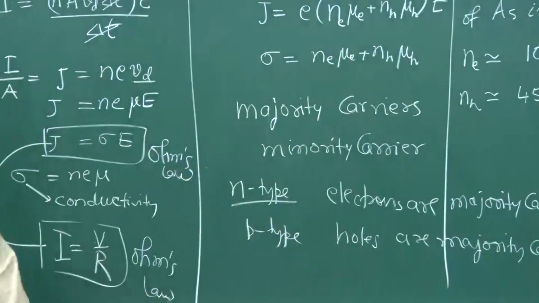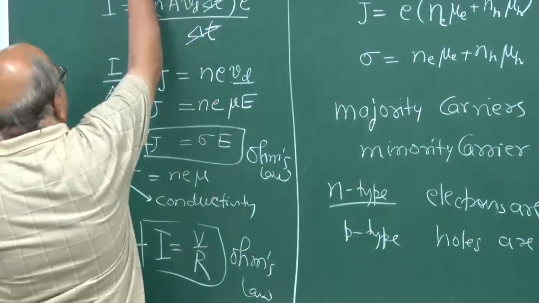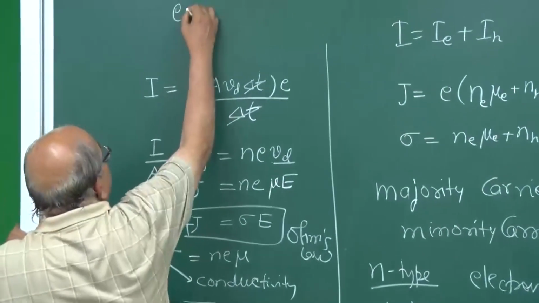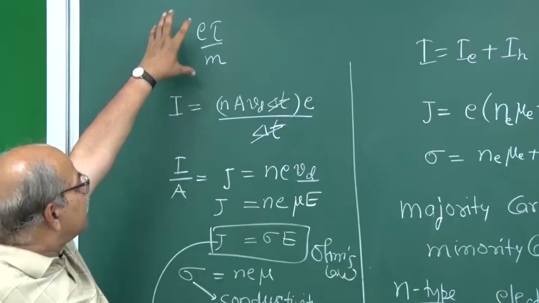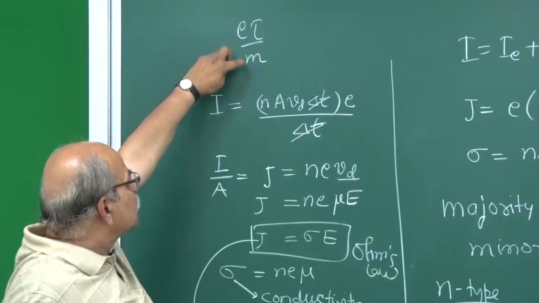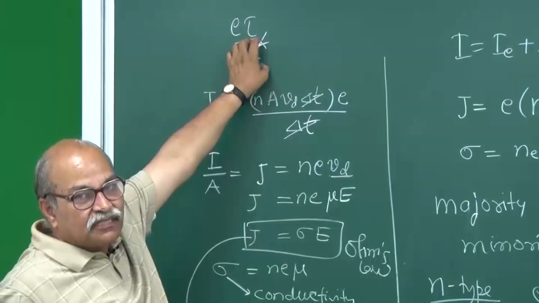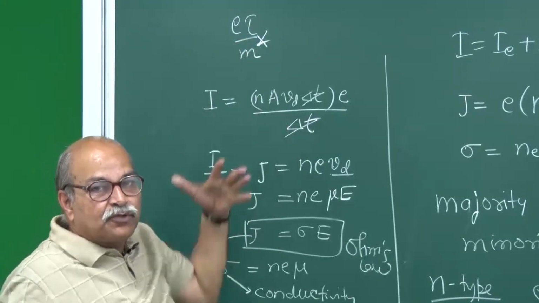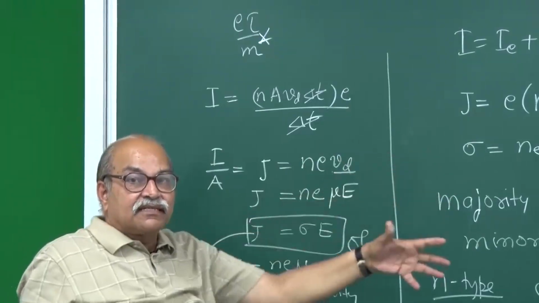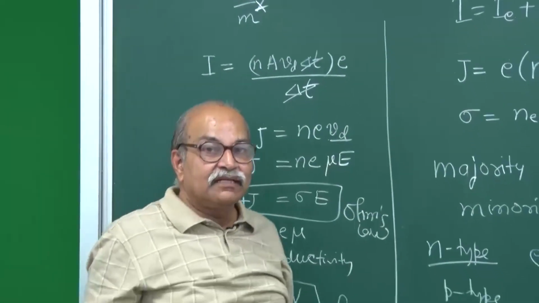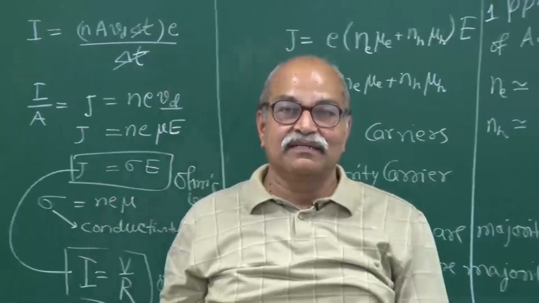And mobility is once again like for metal, we have seen that it is like e times tau divided by m. So of that order you can take that for semiconductor also, but always remember that you will have to put effective mass in place of mass if you want to do some order of magnitude calculations of this conductivity. So that is how conduction takes place in doped semiconductors.